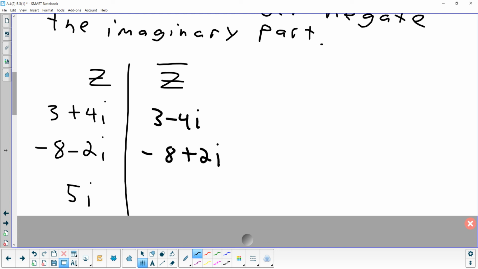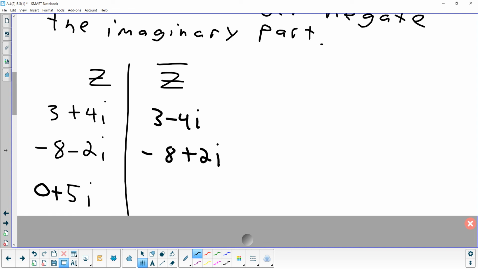Or negative 5? I don't know. Not sure. Anyone help her out? Well, what's the real part in that number? 5? That's the imaginary part. Oh. Then I don't know. What's the real part? 0. So if it's confusing because it doesn't look like everything else, think of it that way.